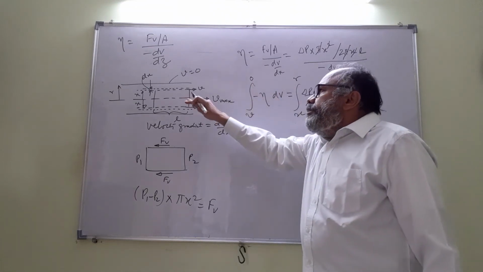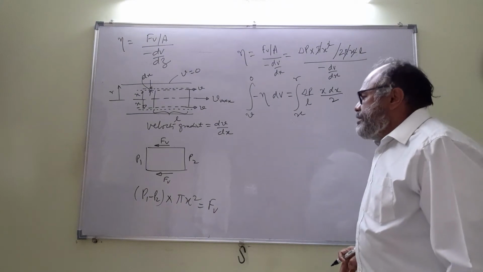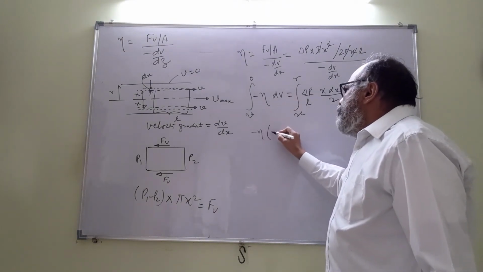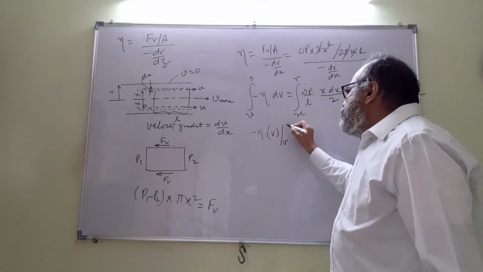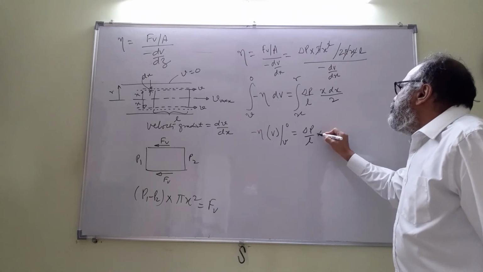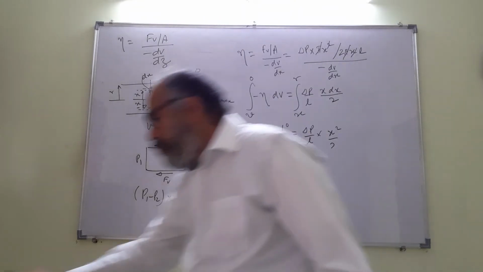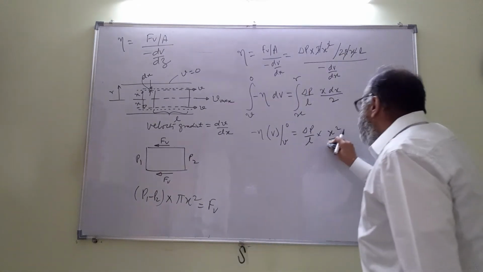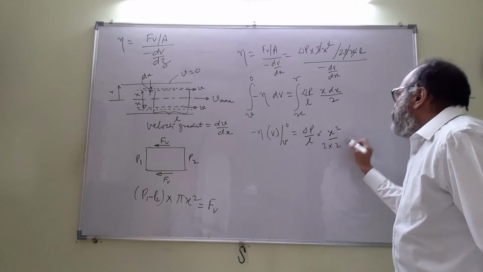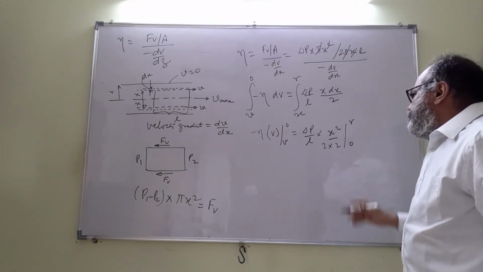The fluid in contact with the capillary tube is at rest. So this will be minus eta, integral of dv from v to 0, equals delta P by L into x squared by 2, with the limits x to r.